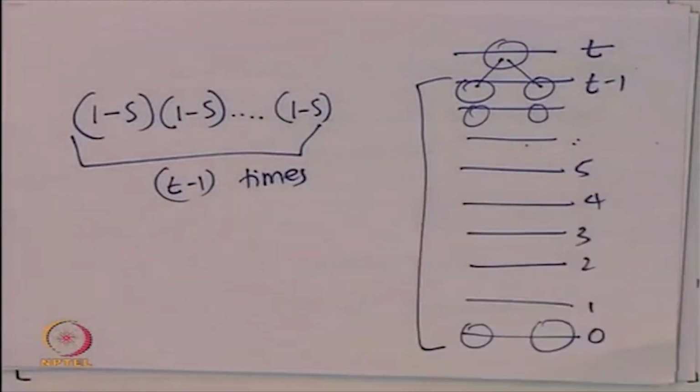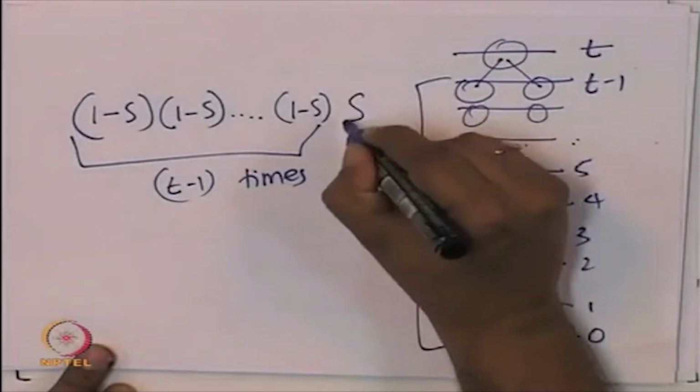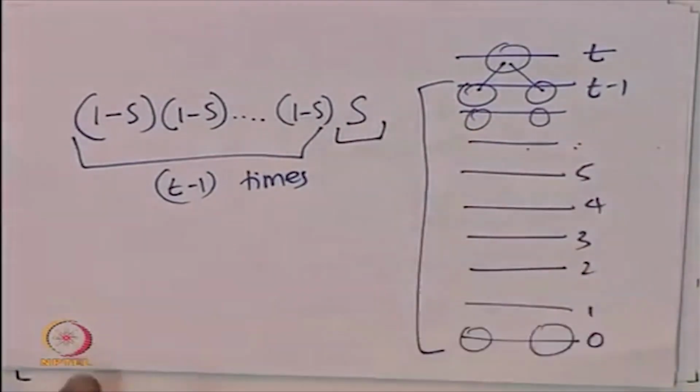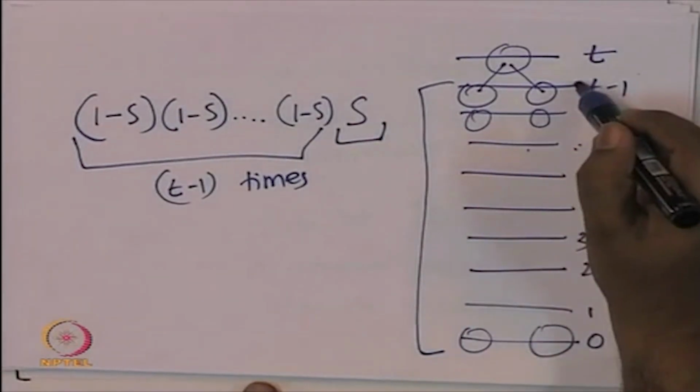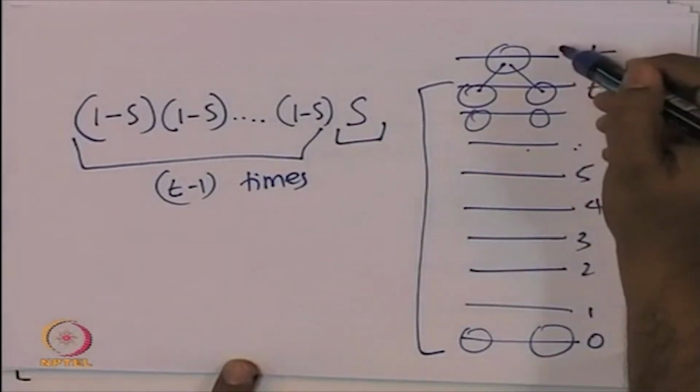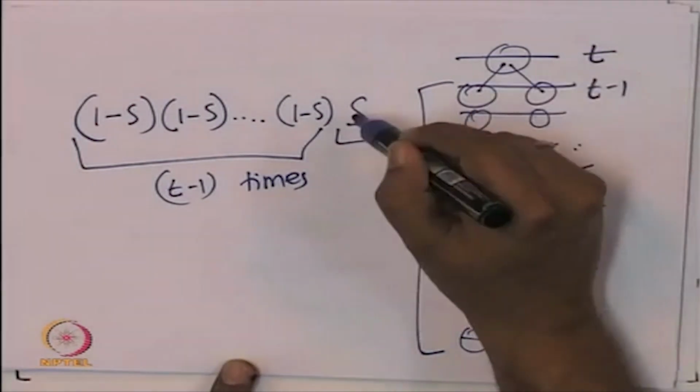You multiply this. So, this is the probability of not having a common parent in the t minus 1 generations, and then S is the probability of having a parent in the previous generation. So, in the t minus 1 generations you should not have a common parent, and in the next tth generation you have to have a common parent.